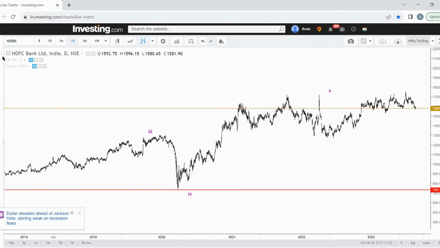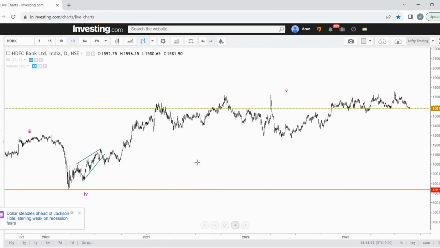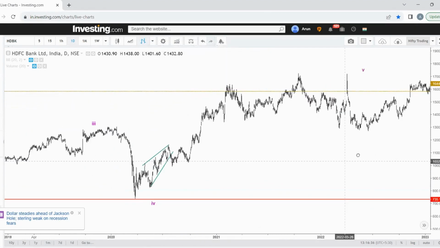In most of the charts, because in Nifty also from the 2020 low, you can find a leading diagonal. That's why we got a very big rally in 2020. So, leading diagonal. We just saw the leading diagonal in ITC.